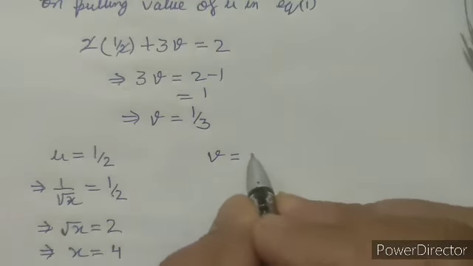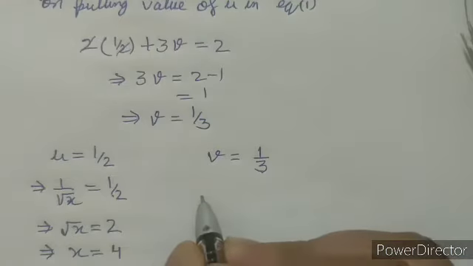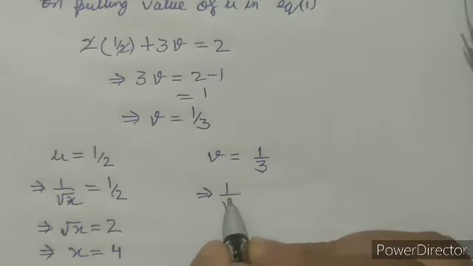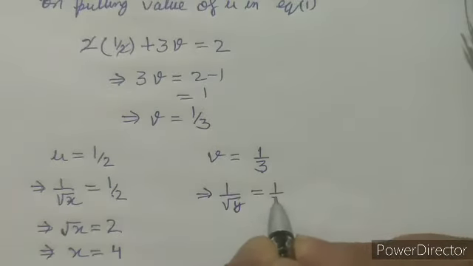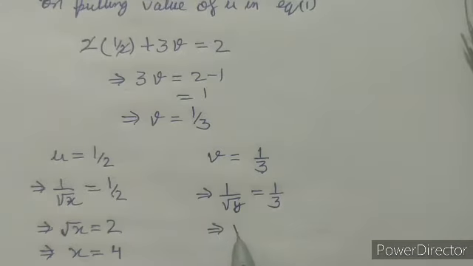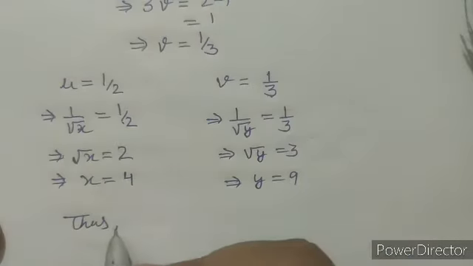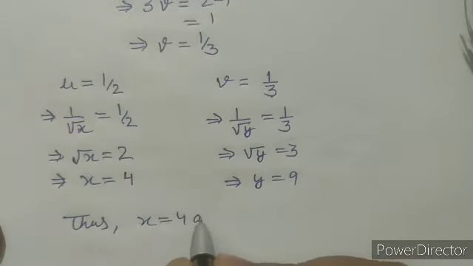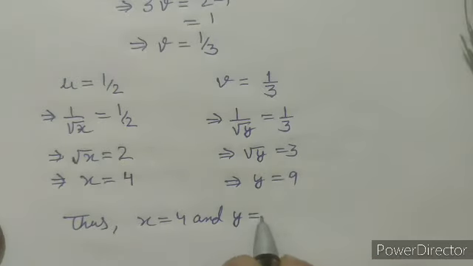Similarly, v is equal to 1 by 3, and we have taken 1 upon root y as v, and that will give us y equal to 9. Thus x is equal to 4 and y is equal to 9.